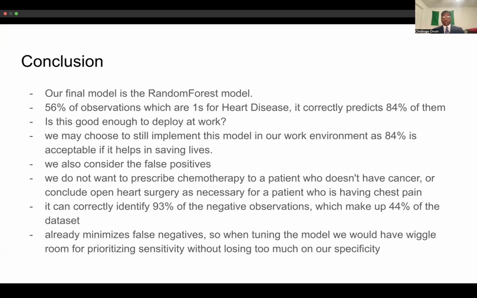That means of the 44% zeros in our target variable column, we can accurately predict 93% of the negative observations. What this means is that going forwards with hyperparameter tuning, since our model is already good with the specificity, we have some wiggle room for prioritizing the sensitivity without losing too much on the other.